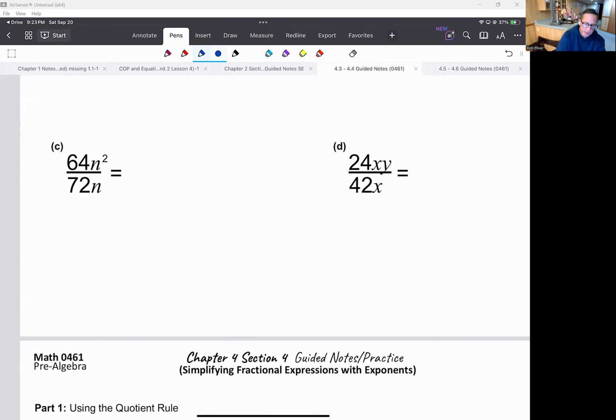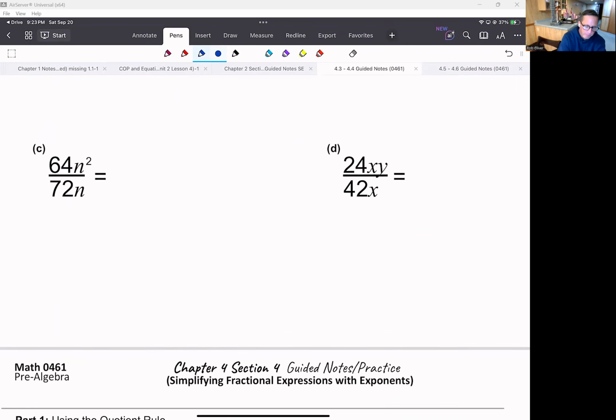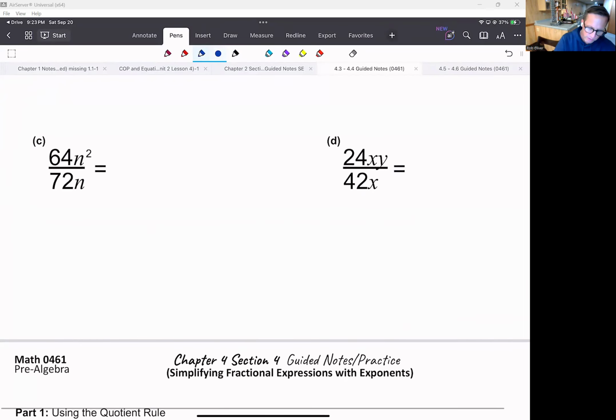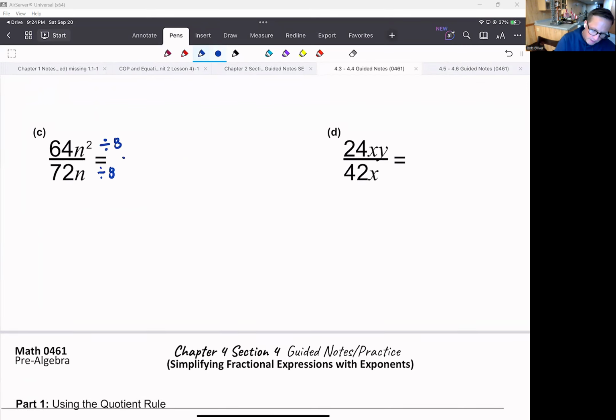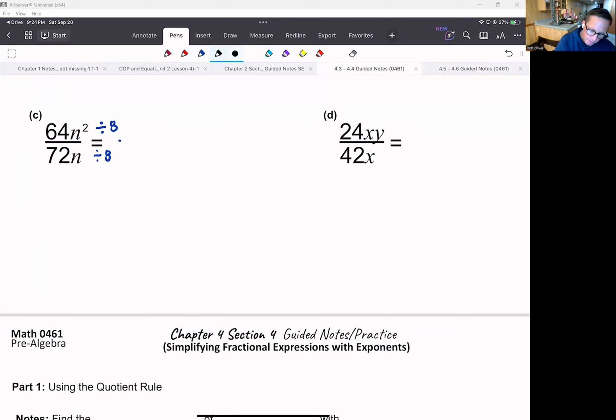All right. 64 can be divided by what? 8. And so can, and I'm not using the greatest common factor because no one's going to think of this, but you can divide by 8. All right. And you're going to get what? We're going to get 8.